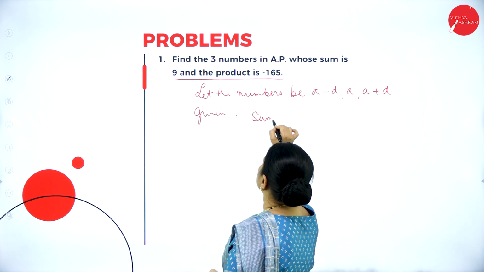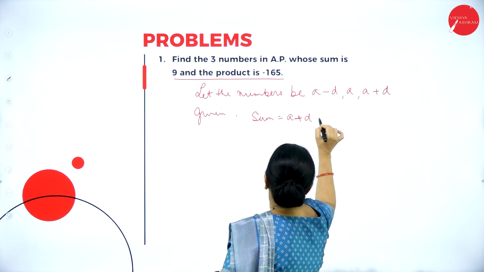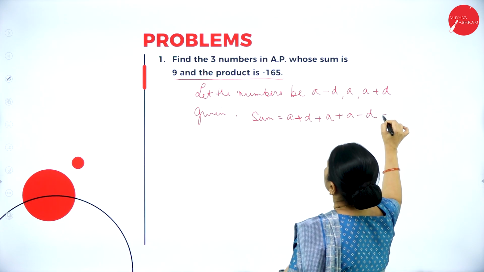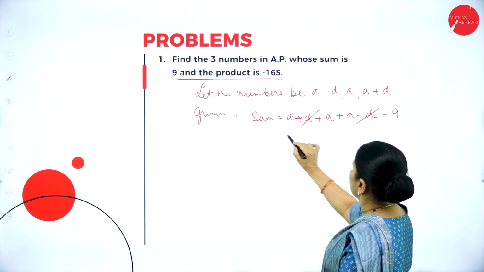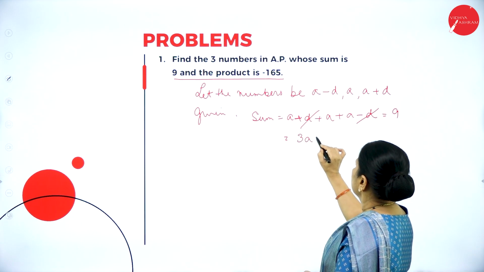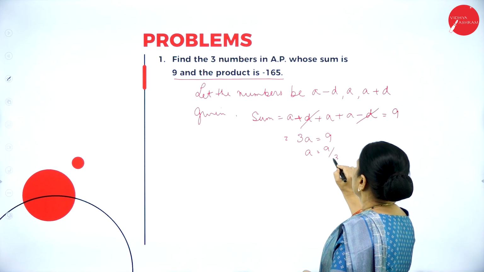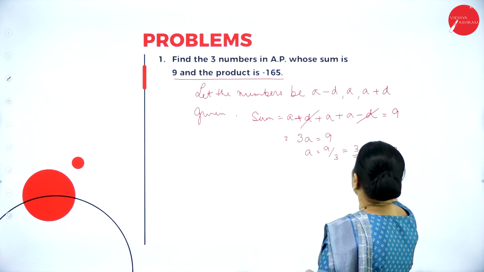Sum equals A plus D plus A minus D plus A equals 9. Now plus D minus D gets cancelled. 3A equals 9. A equals 9 divided by 3, or A equals 3.